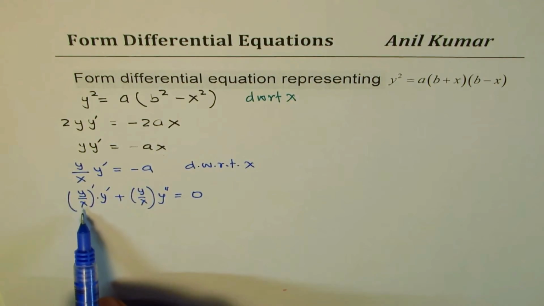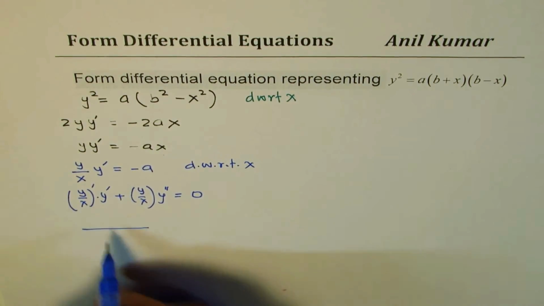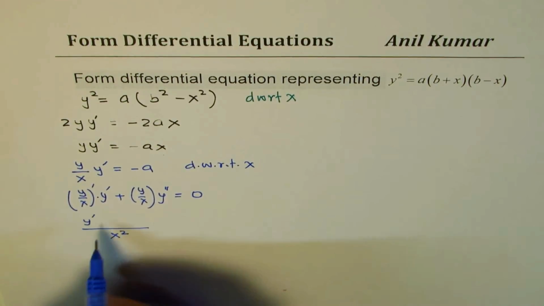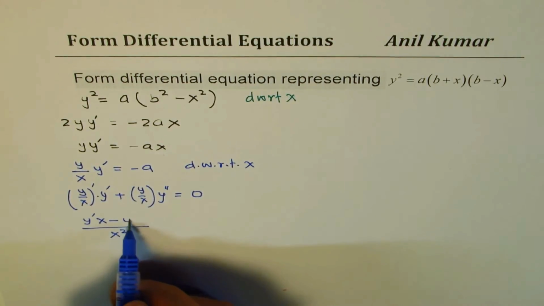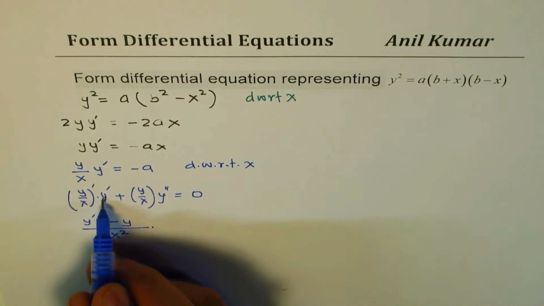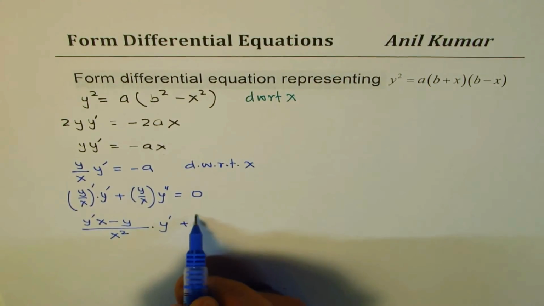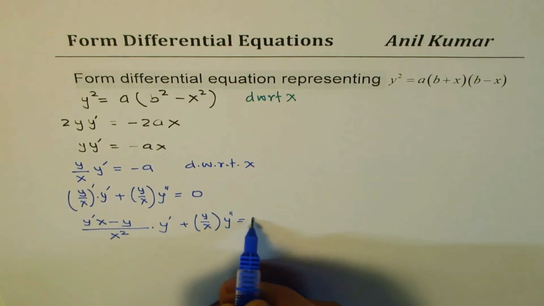Now what is the derivative of y over x? We can apply the quotient rule, correct? So what we get here is x squared, derivative of y, which is y prime, x minus derivative of x, which is 1, times y, and everything multiplied by the first derivative plus y over x times second derivative equals 0.